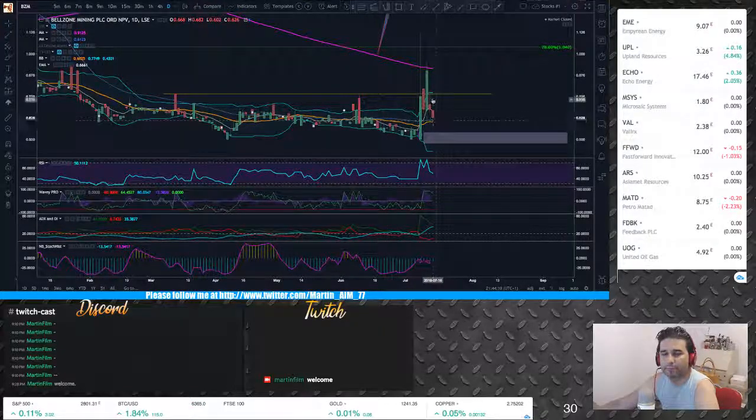They did a placing, I believe, just recently, which caused the dip. So right now it's interesting to see if it holds this level and if it eventually breaks the 200 moving average.